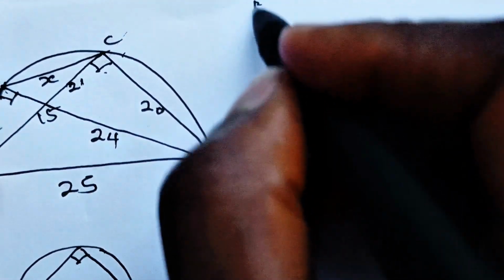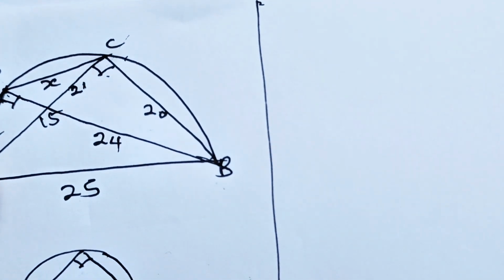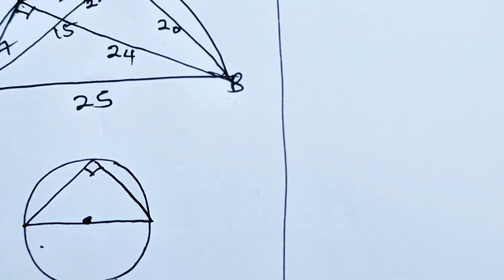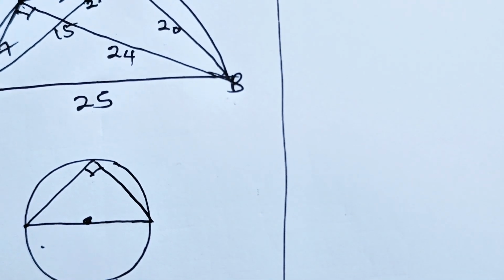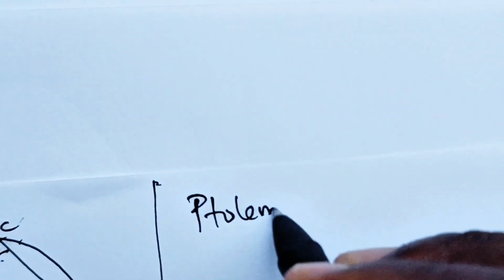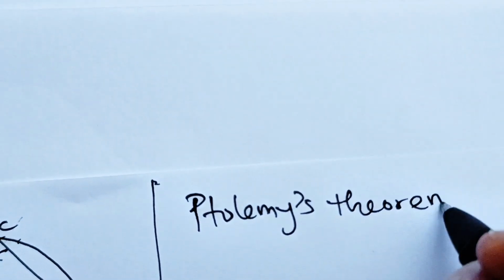Now, why am I looking for this? We are going to make use of a very lovely theorem to solve this. Now, using Ptolemy's theorem, what does this theorem state?